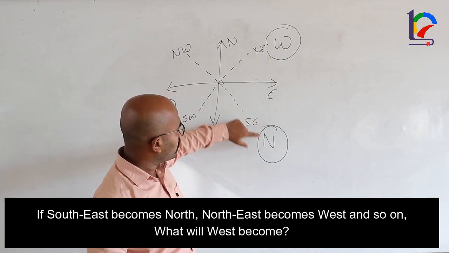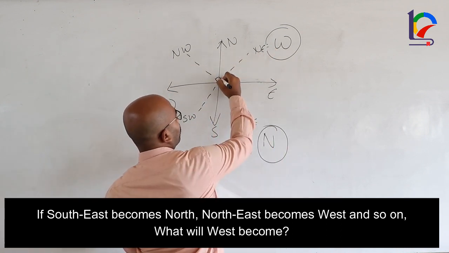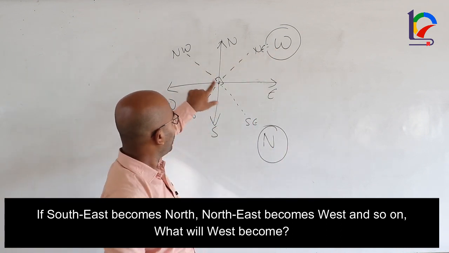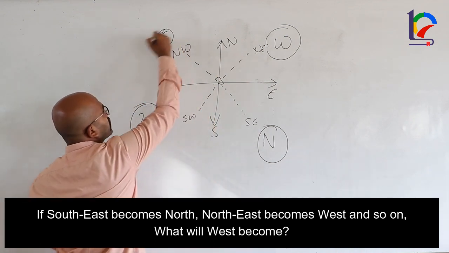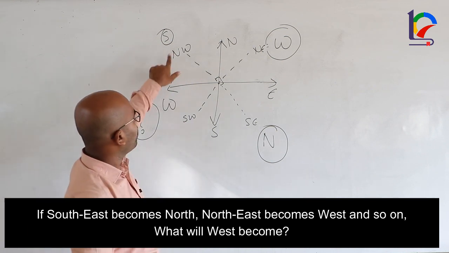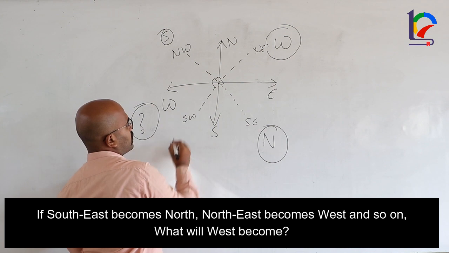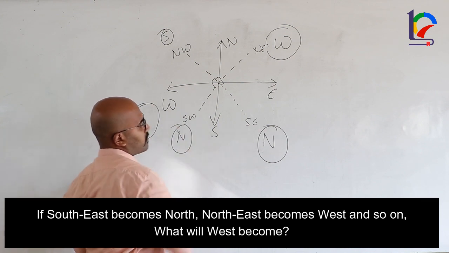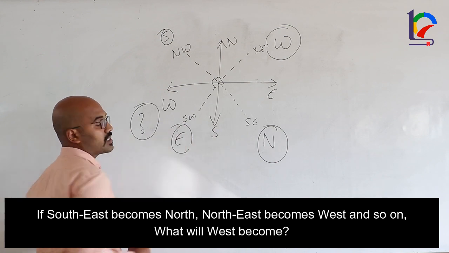After north and west, again 90 degrees, this will become south. Again if we move 90 degrees in the anti-clockwise direction, this will become east.